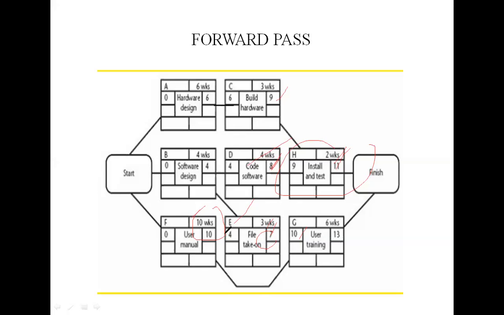And activity B must be completed by week 7. The last start date of both activities D and E is 7 minus 4, that is 3. So activity A must be completed by week 8. The last start week of activity C is 8 minus 6, that is 2.